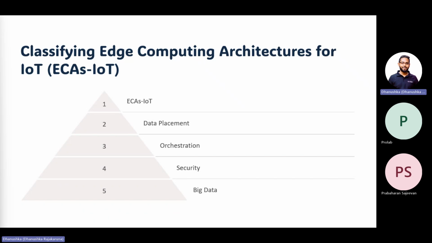So the conclusion: classifying edge computing architectures for IoT helps in designing systems tailored to specific applications, balancing latency, scalability, and security. As IoT continues to grow, these classifications will be driven by advances in technologies like AI, 5G, and decentralized computing models.